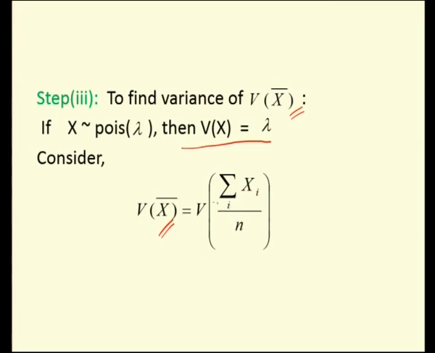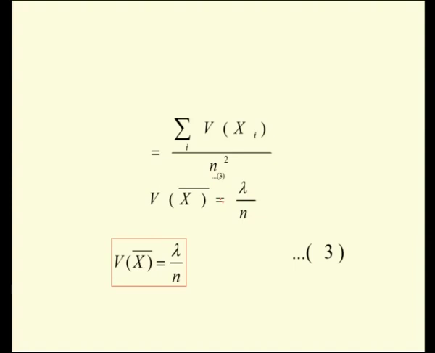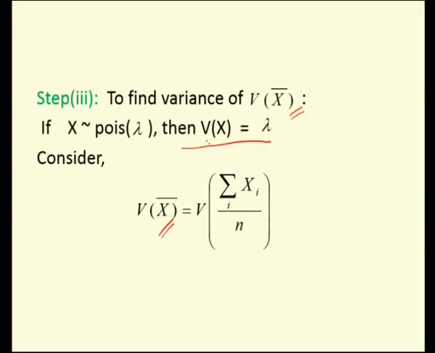So, you have to take the variance of that. When you take the variance, you know that variance of x by n is nothing but 1 by n squared times variance of x. So, here you will have n squared.